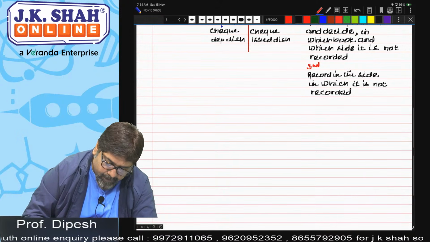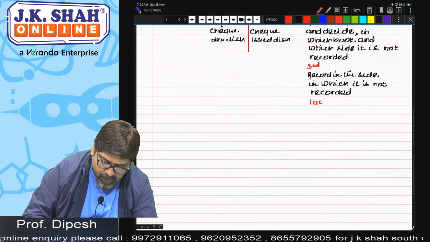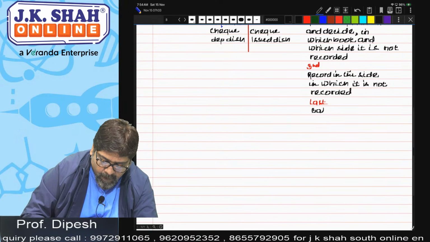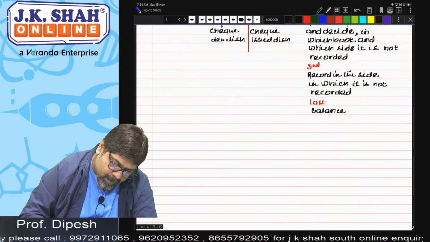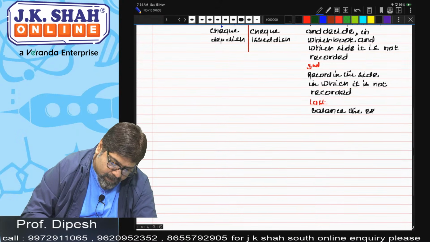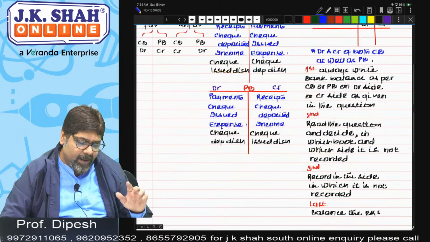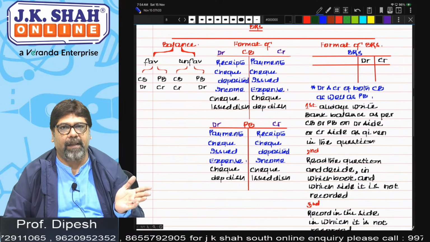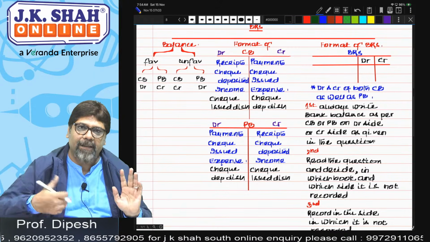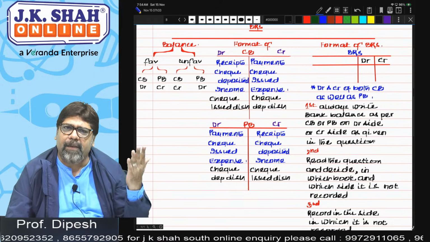Last, balance the BRS the way we balance a ledger account. If debit is more, then the balance will come on the credit side.